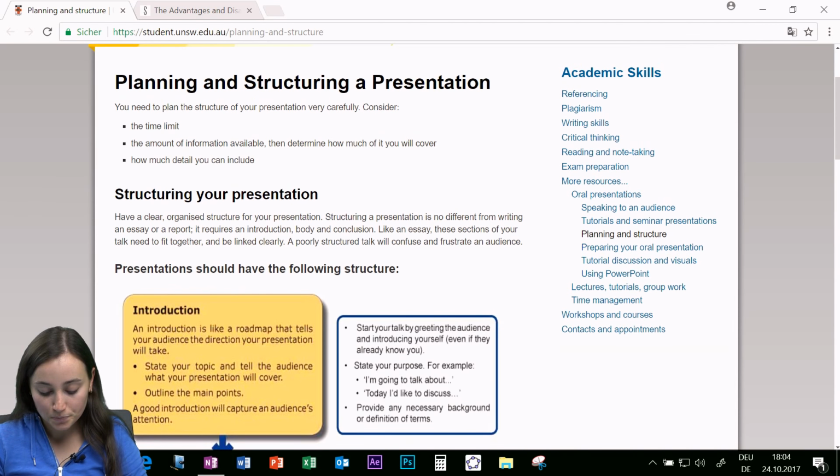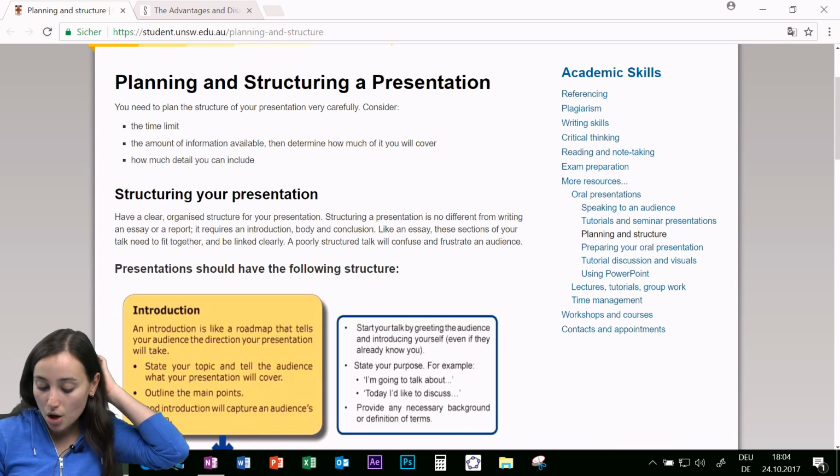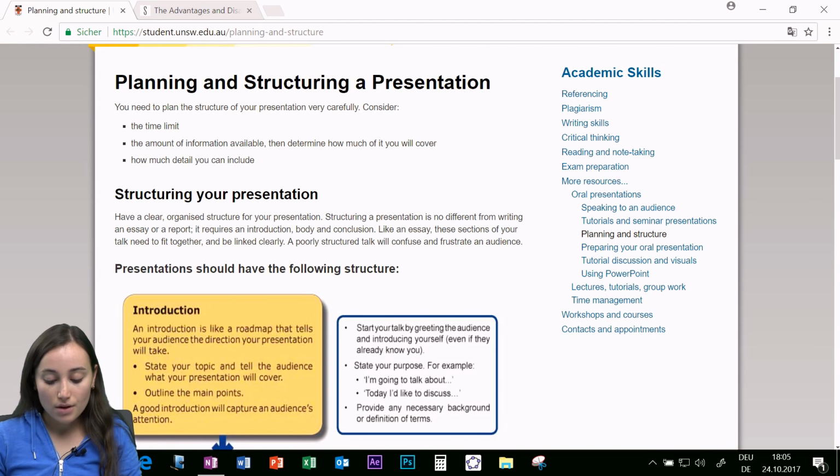And you need to watch out for the time limit, of course, so it has to be in a certain time frame, which can also be quite challenging because maybe you have more to say than you have time. Then you need to have enough information available in order to talk about this topic.